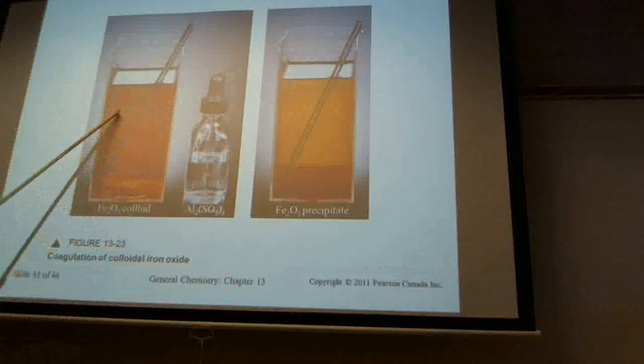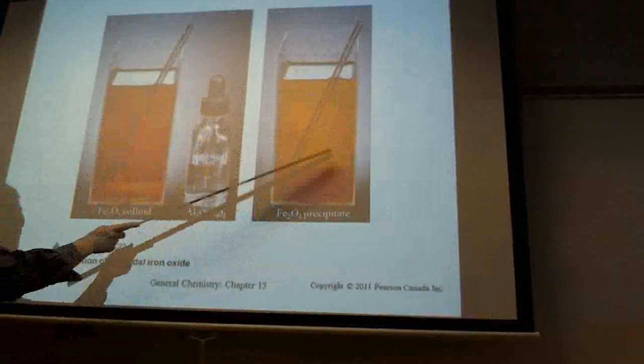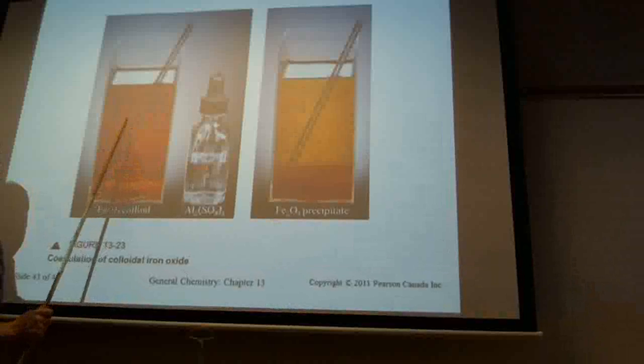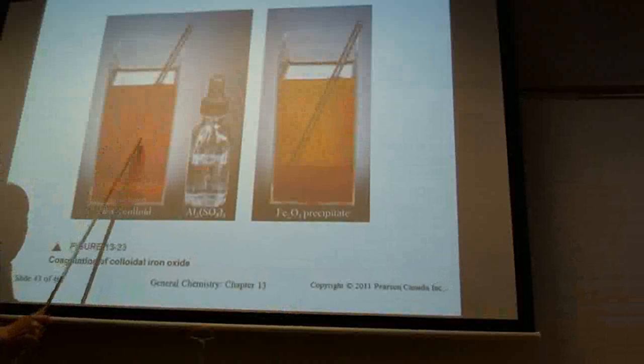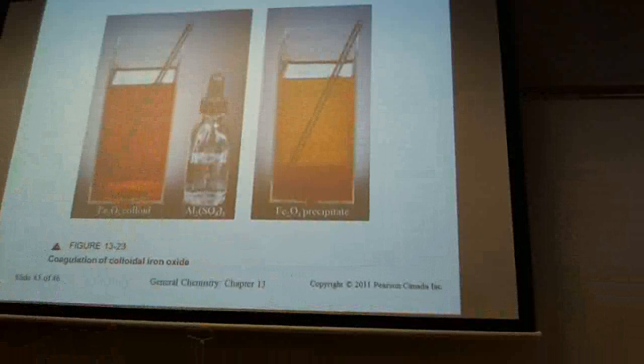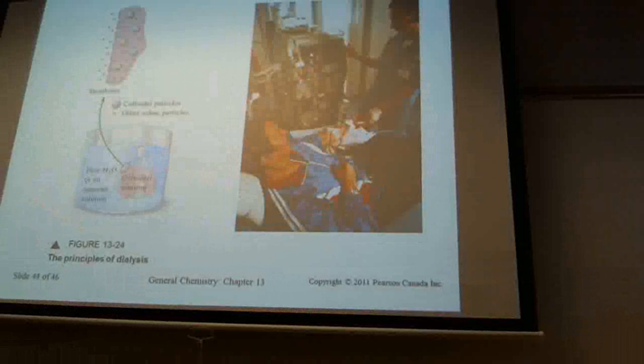This is a colloid. This is a precipitate, because eventually these crystals will settle. But the crystals here are too small to settle. You have to coagulate them. You know how to coagulate? Heat them up. Like barium sulfate.